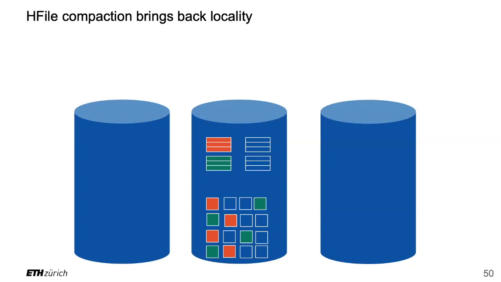So this is some of the beauty of this engineering: even if you would leave the HFiles untouched, at some point the blocks would start spreading all over the cluster, but every time you flush, every time you compact, you magically bring back all the blocks again to the same machine as a local read, right?